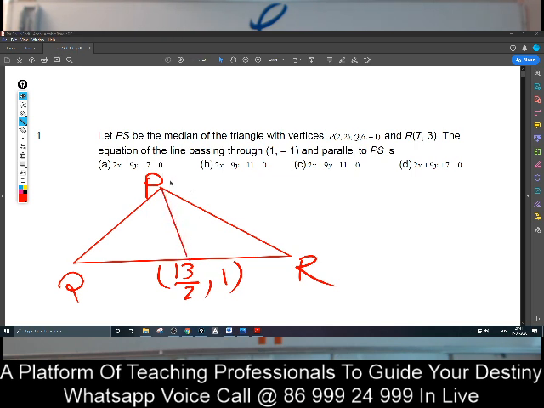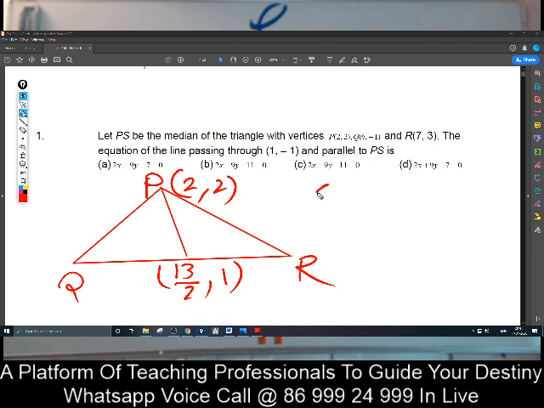Now what is P here? (2, 2). Now find the slope of PS, because we need the line equation which is parallel to PS and passing through (1, -1).